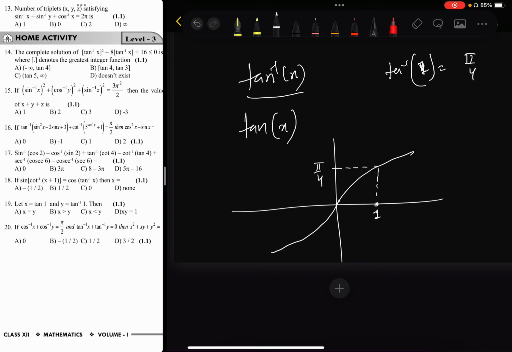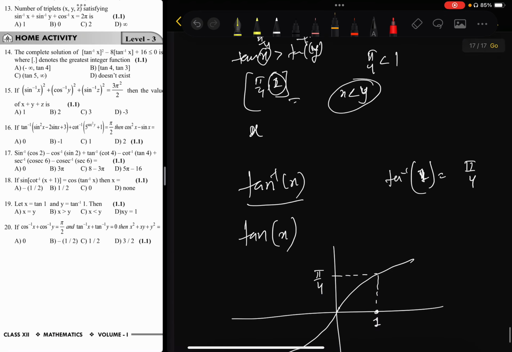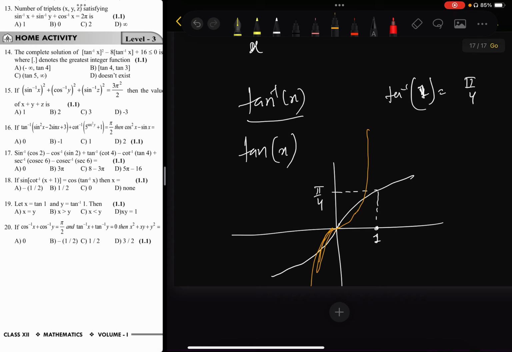Now, for tan x, what is the graph of tan x? And here it is given tan 1. So this is the graph, right? Graph of tan 1. So here this graph will give 1 only for x equal to pi by 4. So x equal to pi by 4 will lie somewhere here.